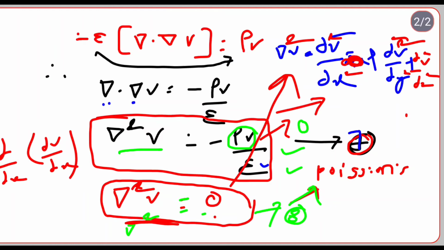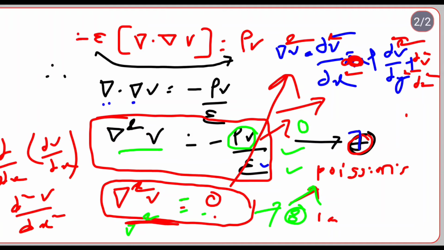If you do partial differentiation again, what do we get? Dou square V by dou x square. This is known as the Laplacian of V, whereas the earlier equation is known as Poisson's equation.